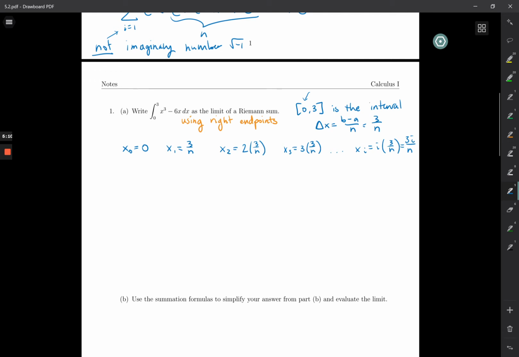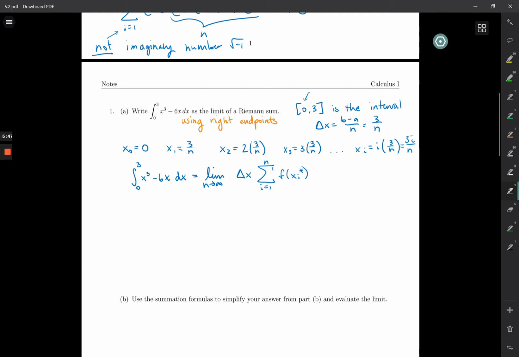Okay, so now we are ready to write down the integral of x cubed minus 6x dx. And remember, this is the limit as n goes to infinity of the sum of, I put my delta x first, so delta x times the sum from i equals 1 to n of f evaluated at that sample point.